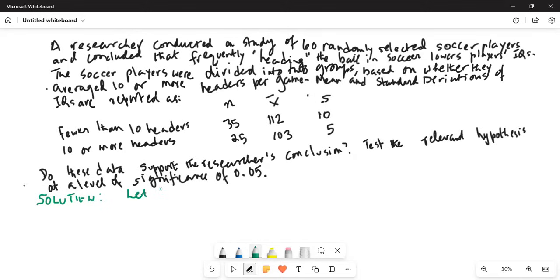Let group 1 be the group that averaged fewer than 10 headers per game.